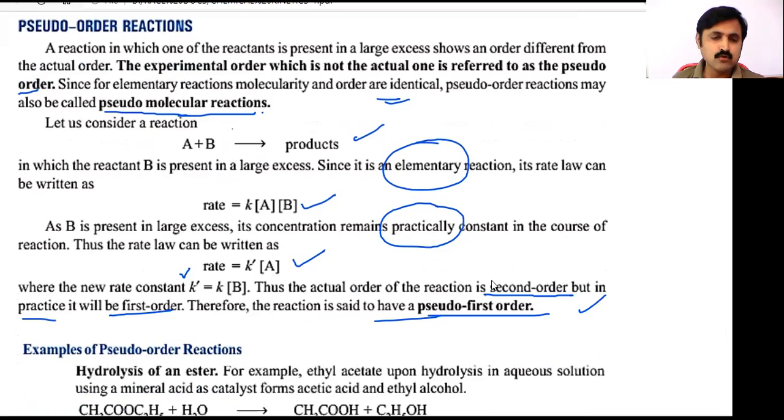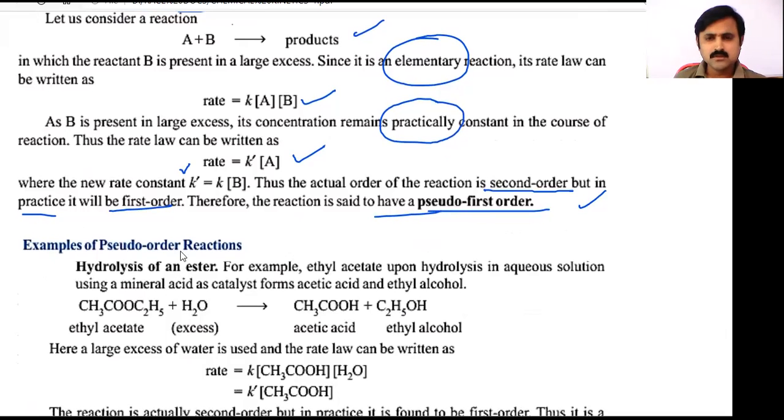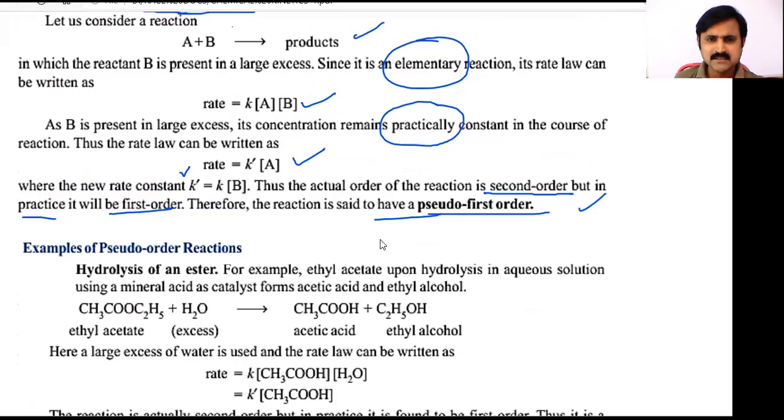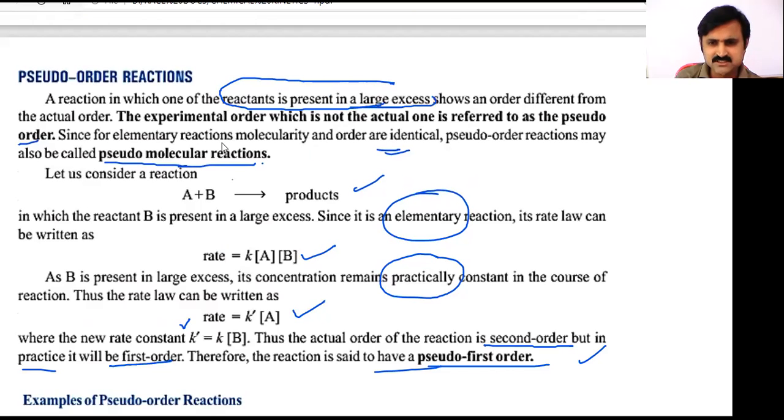So what is a pseudo order reaction? A pseudo first order reaction means it is a first order reaction but looks like second order. How is it possible? Why is it happening? Because one of the reactants we have taken in large excess. In the beginning, one point is very clear: one of the reactants is present in large excess.